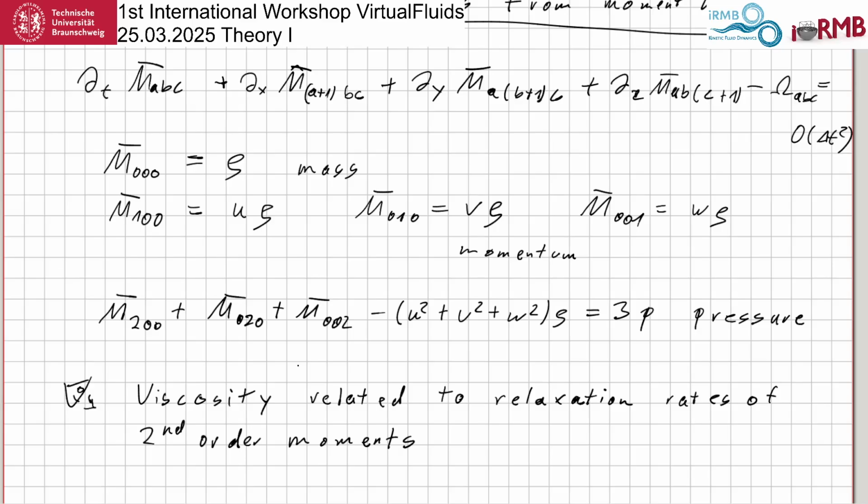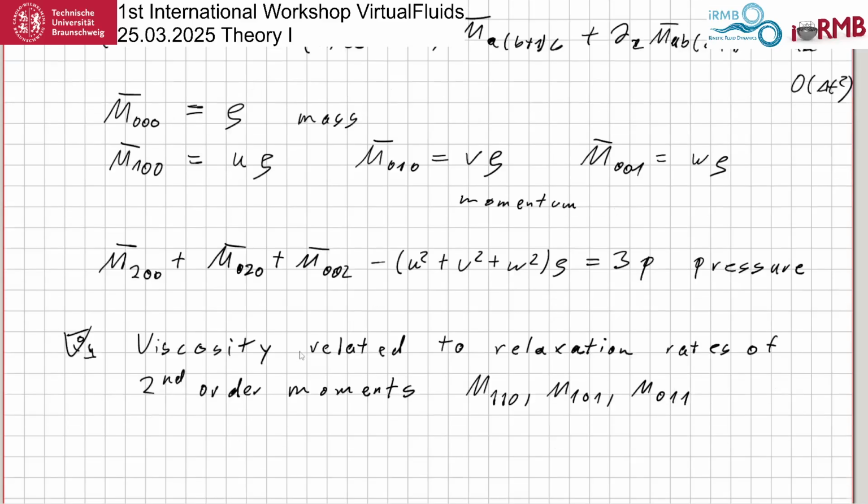The moments that we have to adjust according to hydrodynamics are M110, M101, and M011, and in addition, so there are actually 5 of them, M200 minus M020 and M020 minus M002.